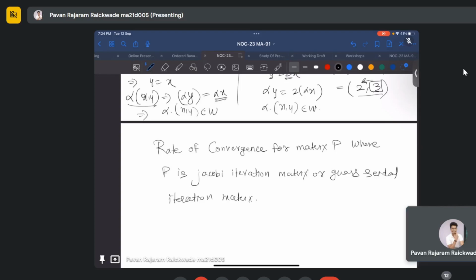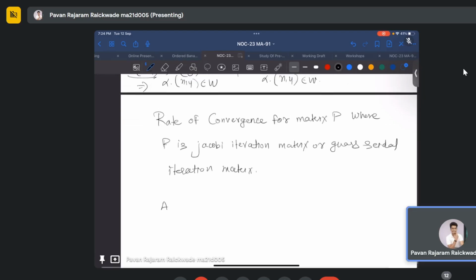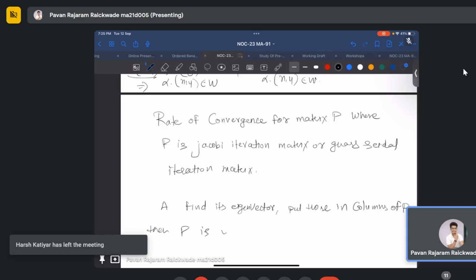Properties of the fundamental matrix. As far as I understood, you have a matrix A. You find its eigenvectors and put those in the columns of P, and then this P is your fundamental matrix. Is it? Yes.